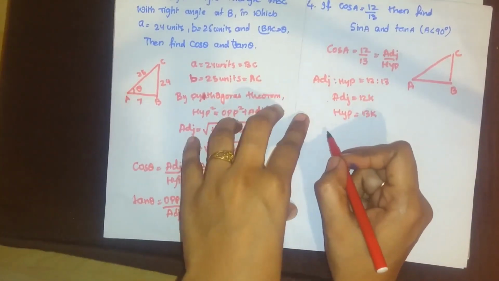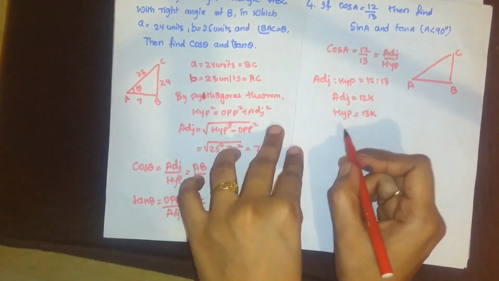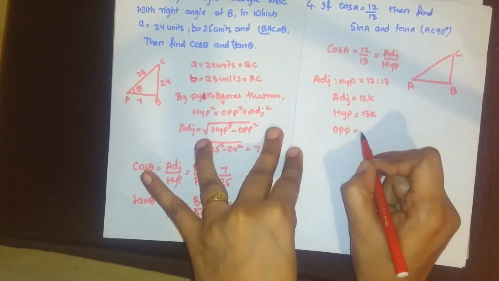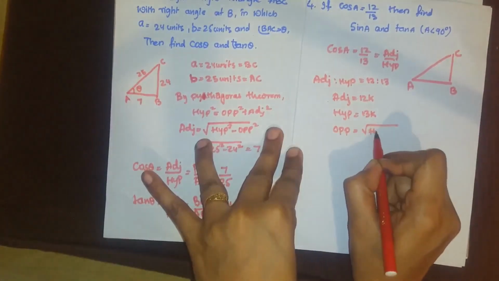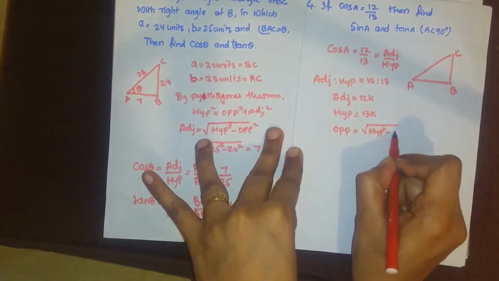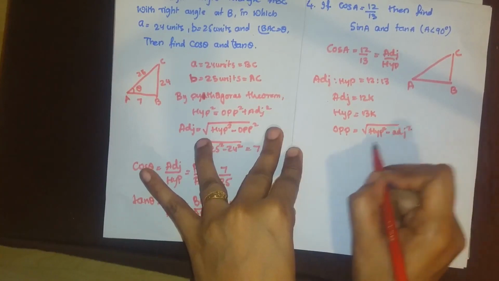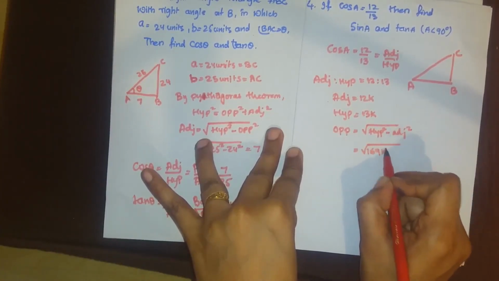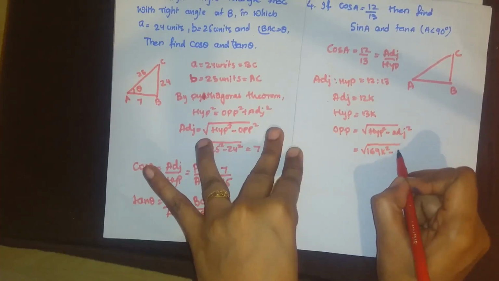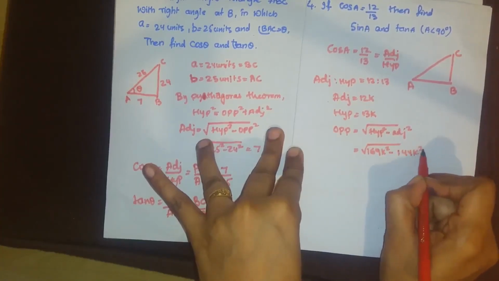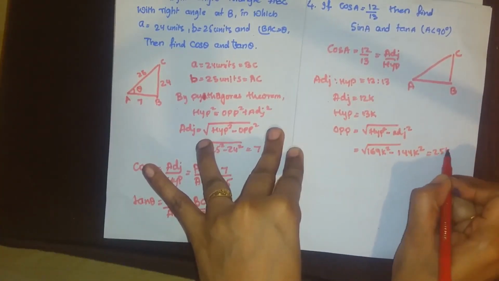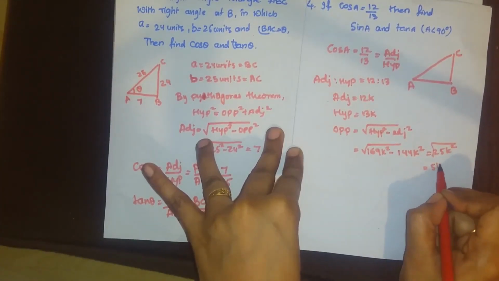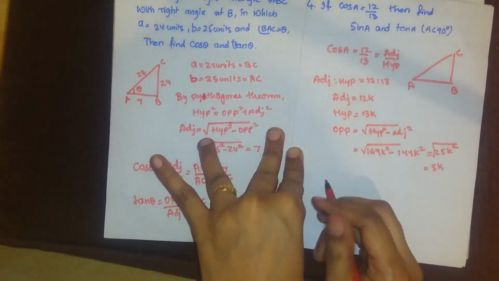From the same Pythagoras theorem, we can write opposite is equal to hypotenuse square minus adjacent square, which is equal to 169k square minus 144k square, which is equal to 25k square, which is equal to 5k.